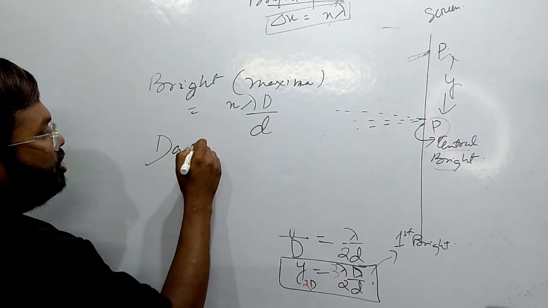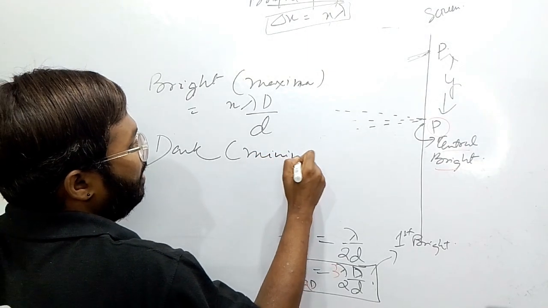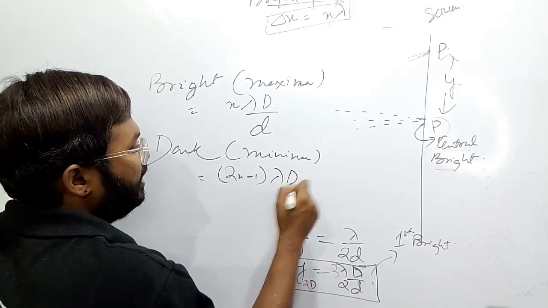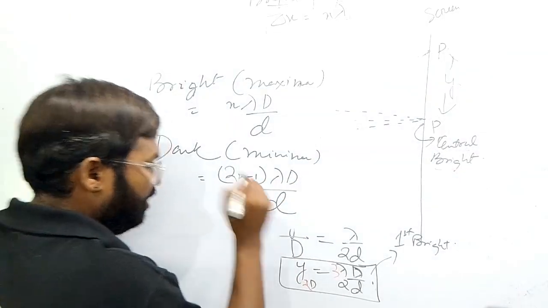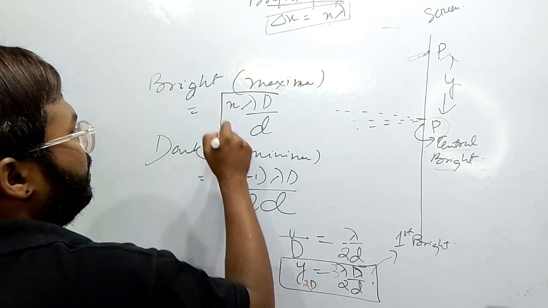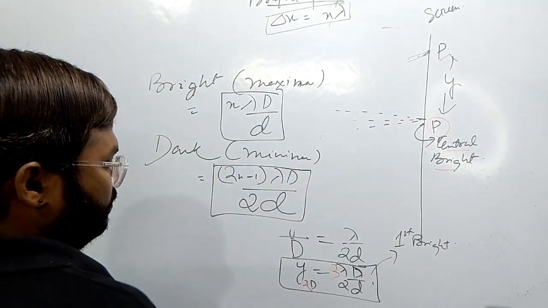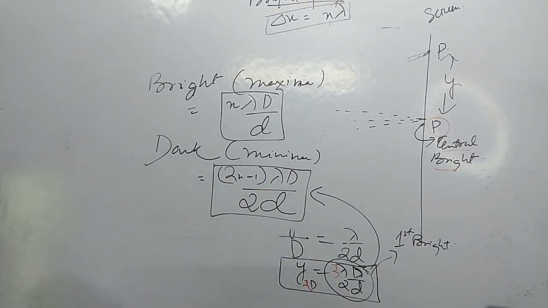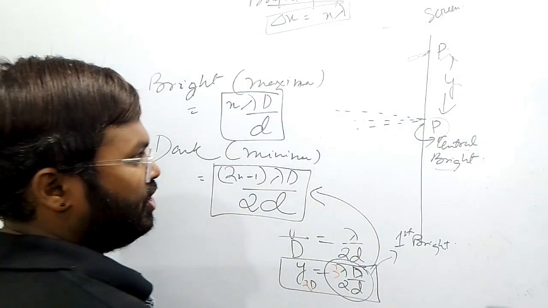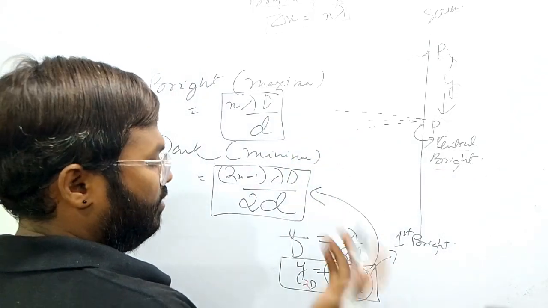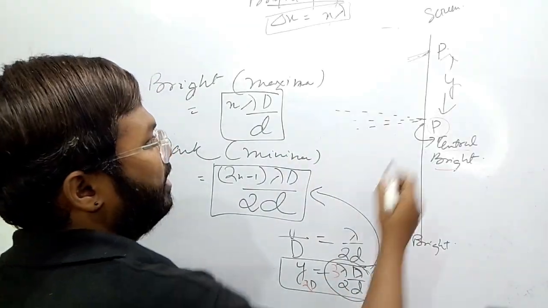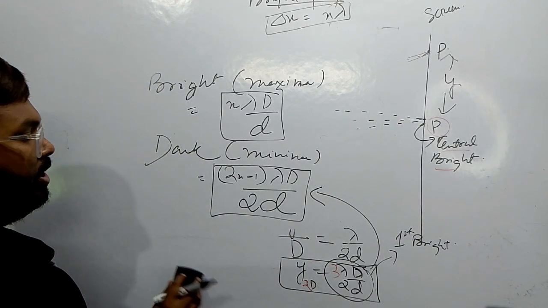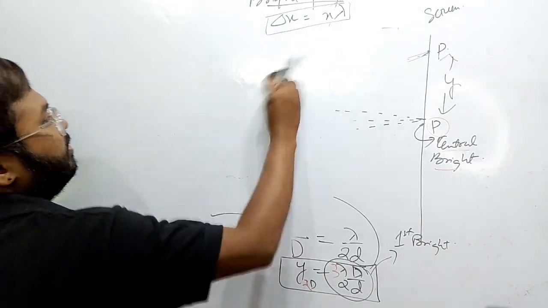And then for dark fringe, which is minima, you can consider the formula 2n minus 1 lambda D by 2d. Did you understand this one? If you understood, then okay, we'll proceed. So dark fringes, bright fringes. Okay, we will now proceed further.